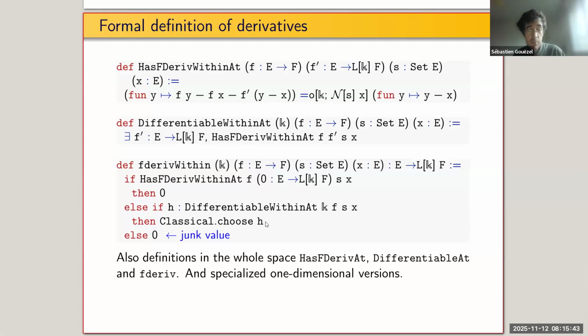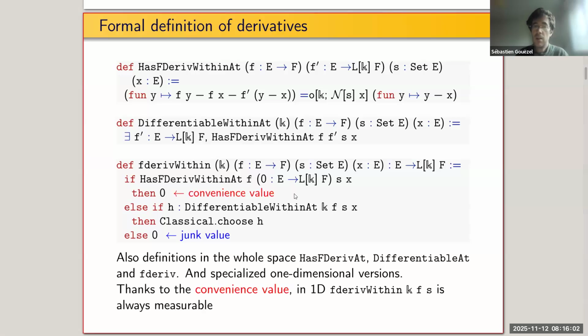But then there is something more. You see these lines above: if my function is differentiable and 0 is one of the allowed derivatives, then I will pick this one. Here that's not a junk value; it's a convenience value. We could get away with, okay, if there is some derivative, pick it, and otherwise pick 0. But it turned out that tweaking the definition a little bit like I did gives you a better behavior for some theorems.